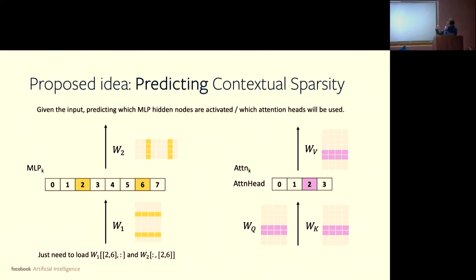And we all know that on a GPU, loading memory to cache is very, very slow, probably a few hundred GPU cycles compared to actually computing. When you do computation, it's usually just a few cycles, so much faster. So if you can load fewer weights, you will have a much faster feed-forward speed.